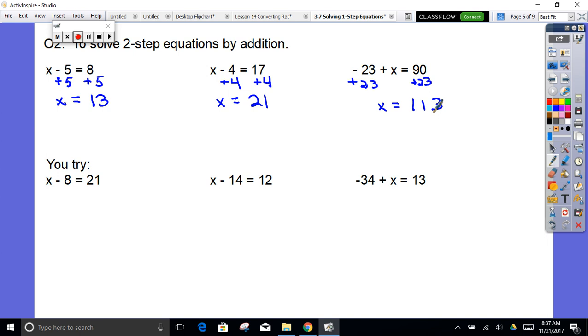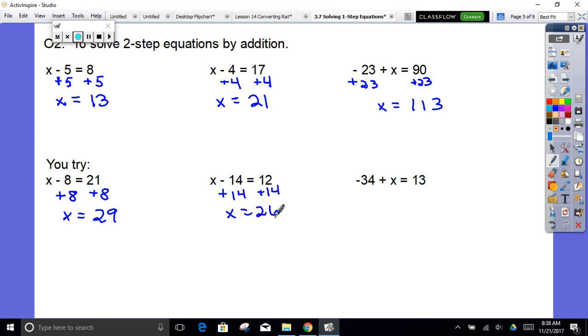Eve, next one. You add 8, and then you add. Okay, and then x equals? 29. Okay, Grace, next one. You add 14 to 14, 14 to 12, and x equals 26.